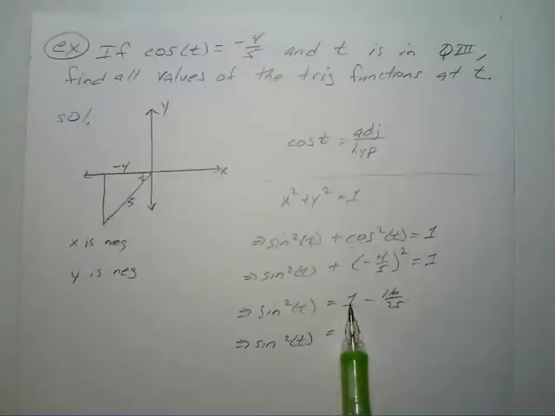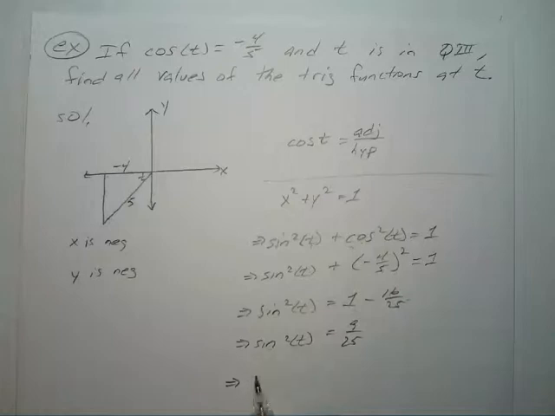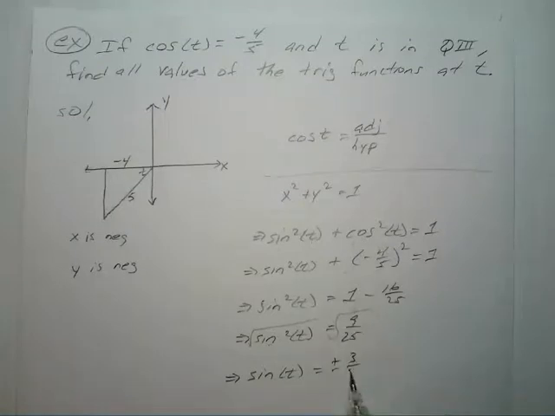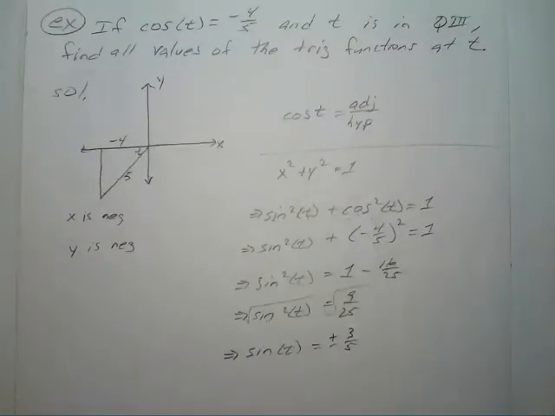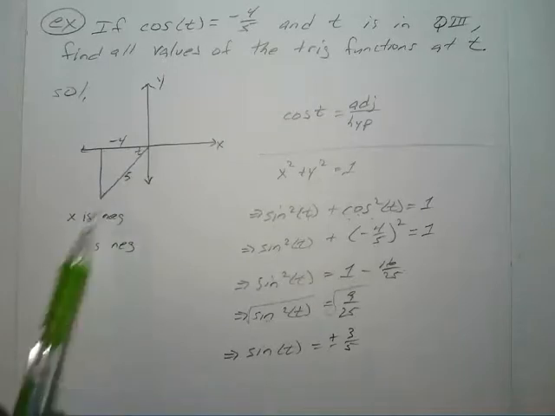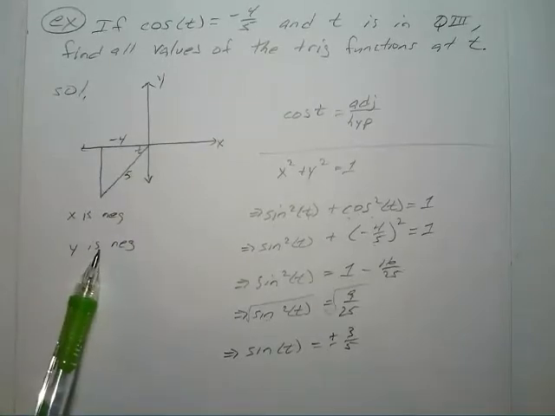All we did is make the 1 into 25 over 25 and subtract our numerators. If we square root both sides, the square root of sine squared is just sine, and that equals positive or negative square root of 9 is 3, and square root of 25 is 5. But we already know that it's in quadrant 3, and in quadrant 3, your sine is equal to y, which is negative.